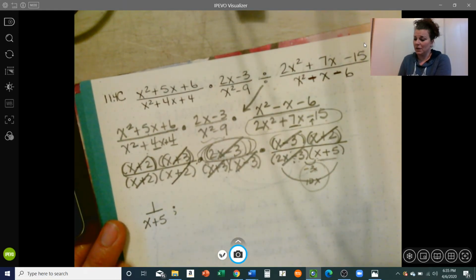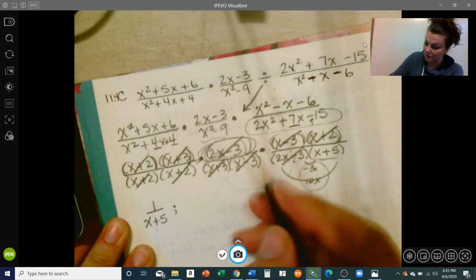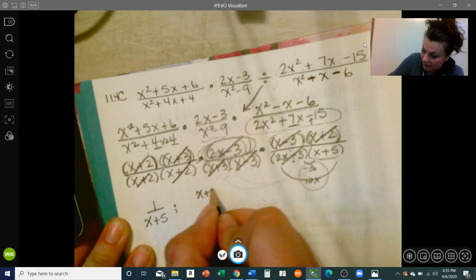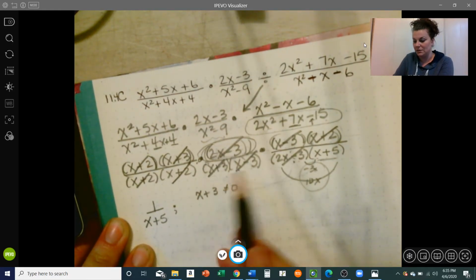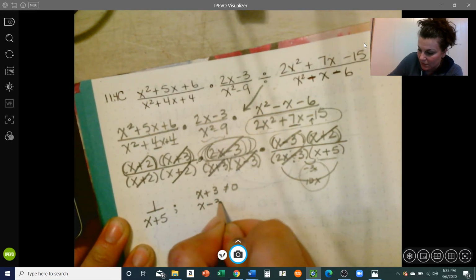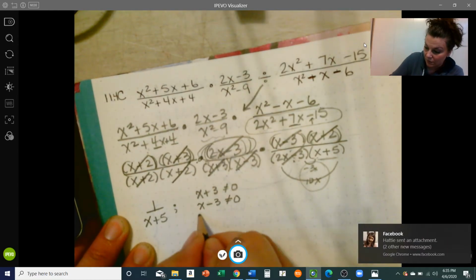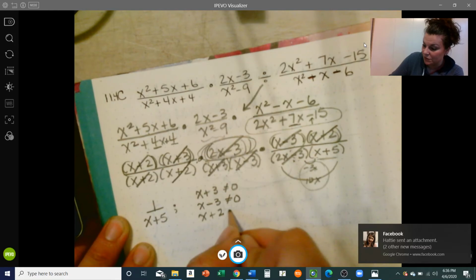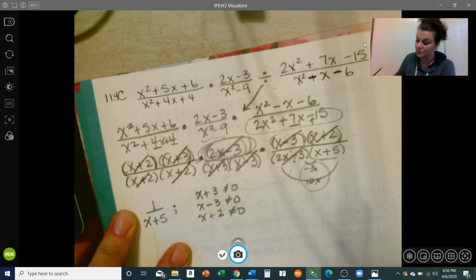So then that means that my excluded values, I know that x plus 3 cannot equal 0, because I canceled that out here. x minus 3 cannot equal 0 because I canceled that out. x plus 2 cannot equal 0 because I canceled that out.